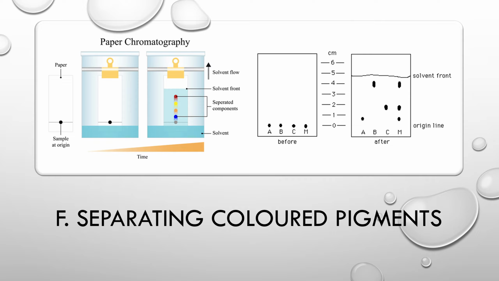If I have a pure substance, formed of one substance only, then it will separate to one point only. But if it is a mixture, it will separate to more than one color. This is happening because the solvent is dissolving the mixture. And the higher the solubility, the higher the sample is going to rise in the chromatography paper.